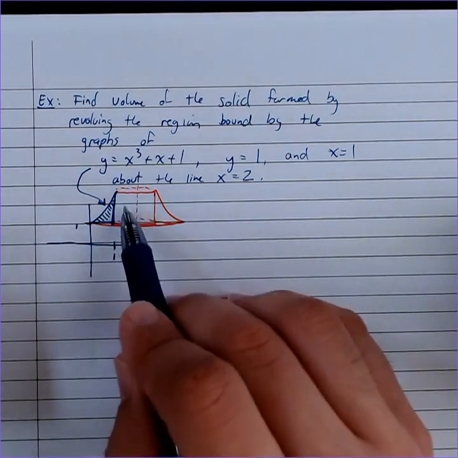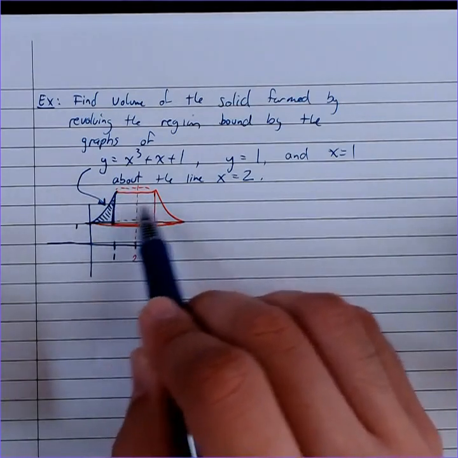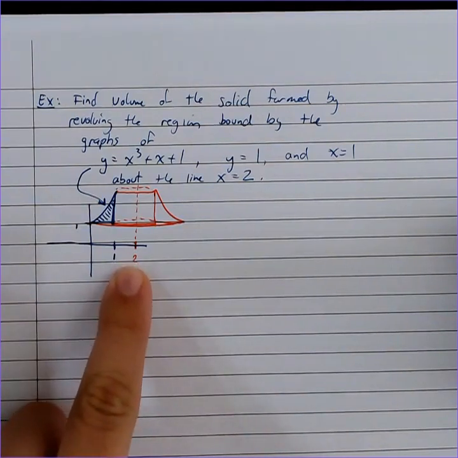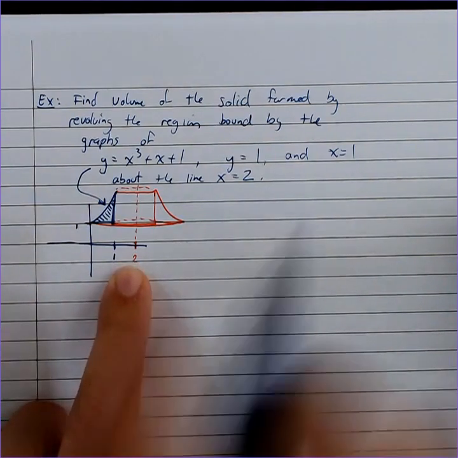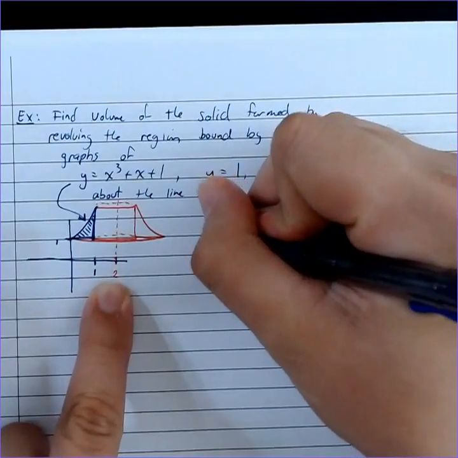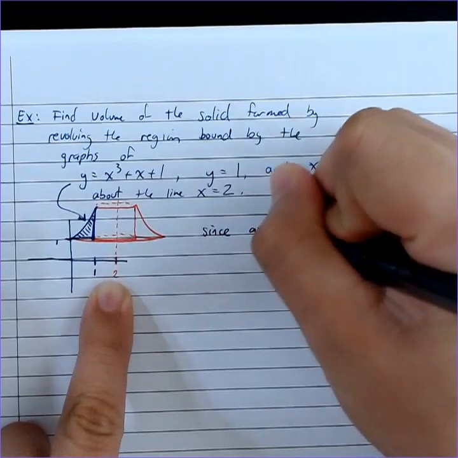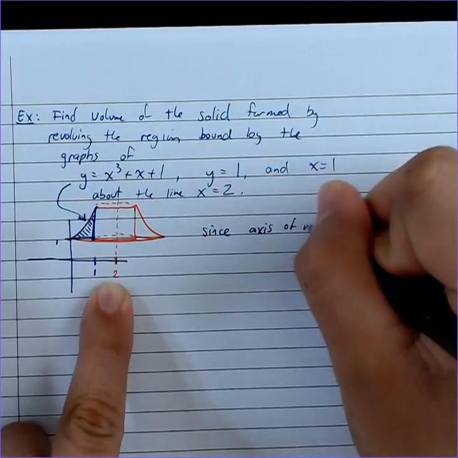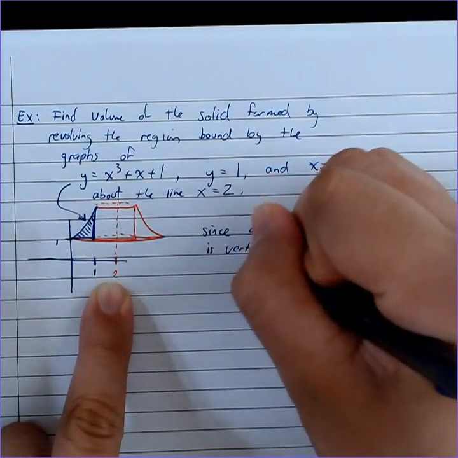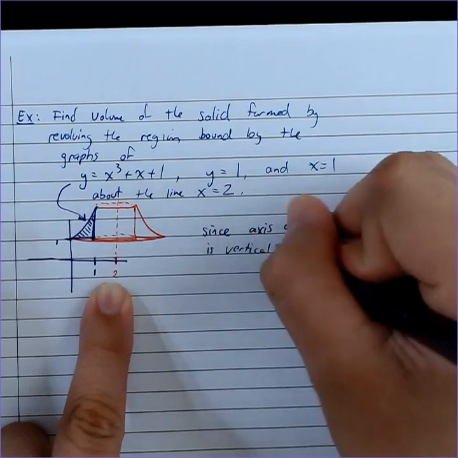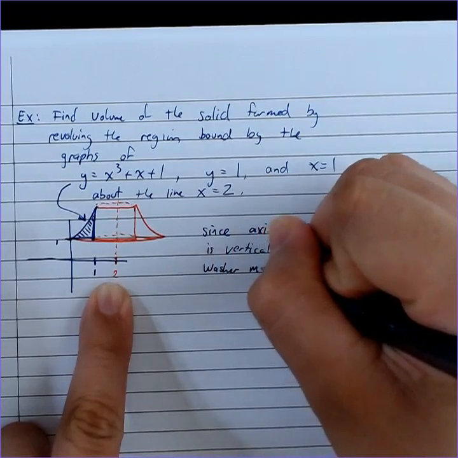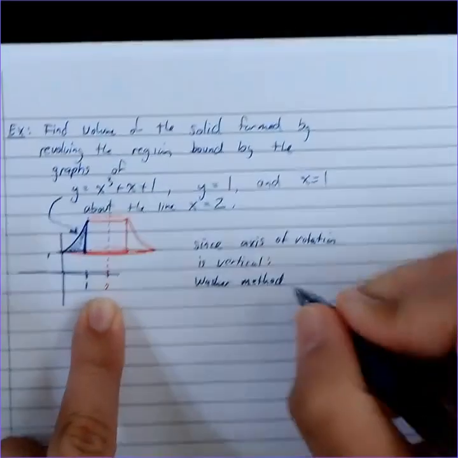Okay, that's fine. Now, why don't we try the washer method? Okay, well, let's give that a try. We know that the axis of rotation here is vertical. So that means, in fact, let's write that down. Since the axis of rotation is vertical, the washer method will look like this.